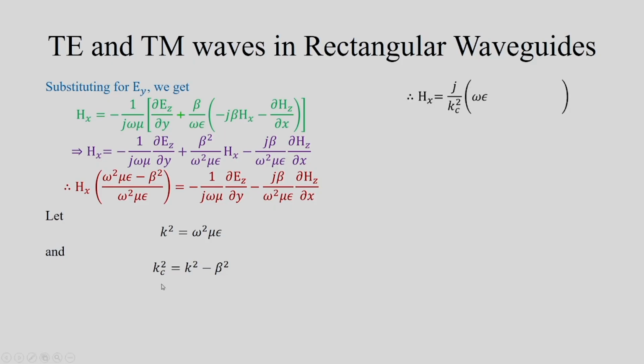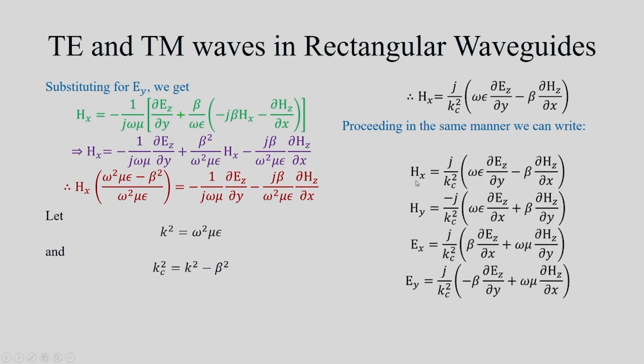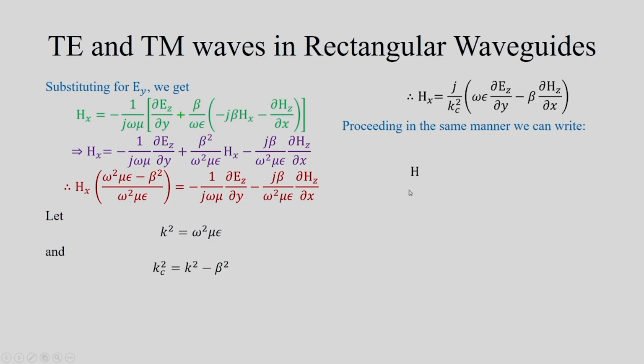In terms of k and kc, we can now write Hx is equal to j by kc square times omega epsilon del Ez del y minus beta del Hz del x. Please note that here we have now been able to express the transverse component Hx in terms of Ez and Hz.